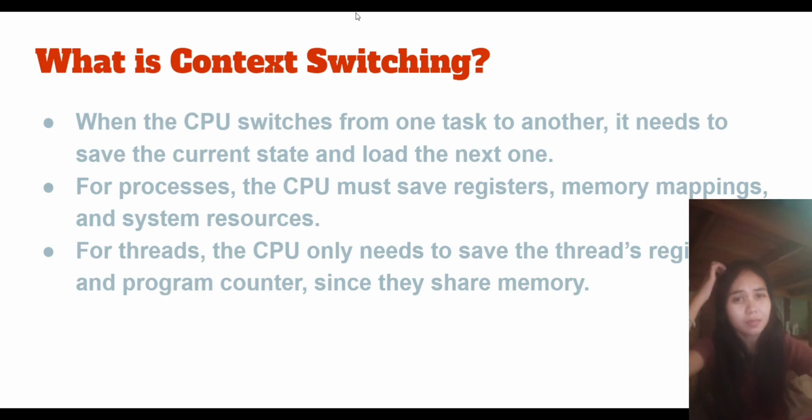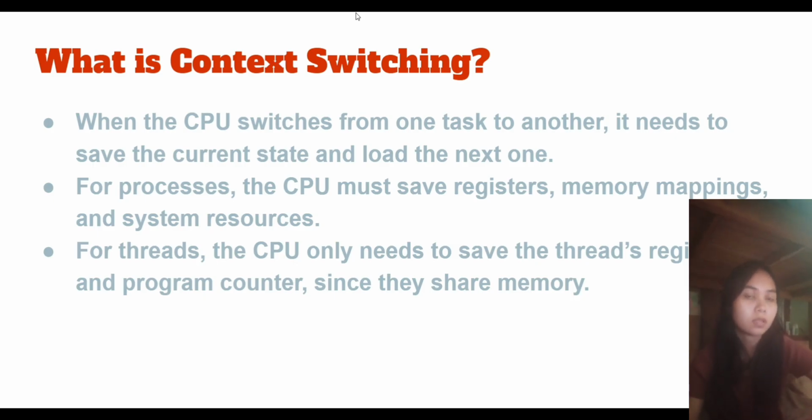And then, ang context switch, this is the act of saving the state of a running process or thread so that the CPU can load and run another one. The context, from the word itself, refers to all the information that the CPU needs to resume execution later.